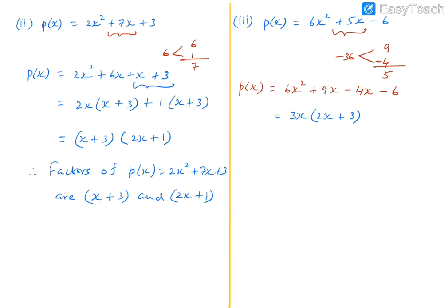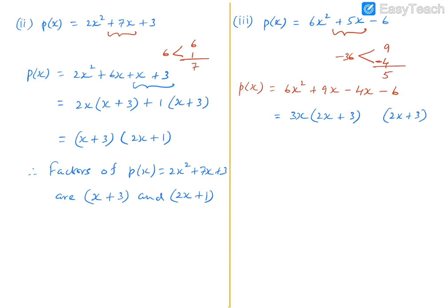Okay, 3x into 3 is 9x. So we'll have 3x into 2x is 6x squared, plus 3x into 3 is 9x. So we'll use that same term, 2x plus 3.